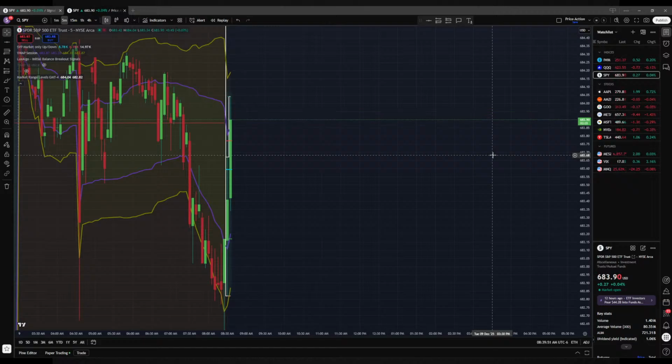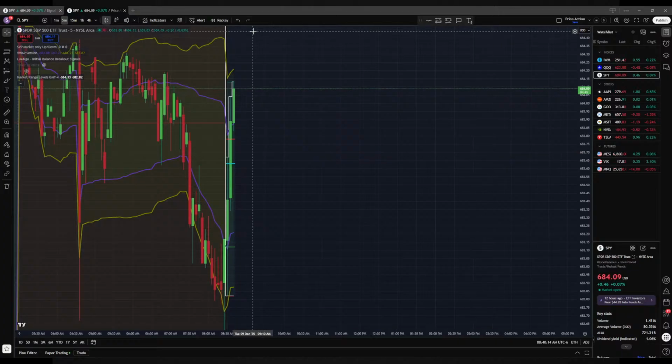Ten seconds to go. All right, there we go. So step 1 is completed. So now I'm looking for this 5-minute candle to hold above the VAH line, you can see it's moving on us a little bit.